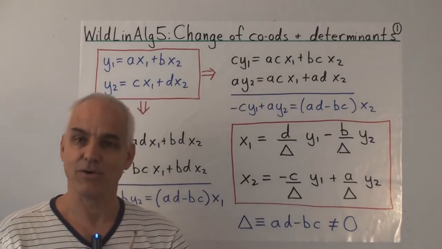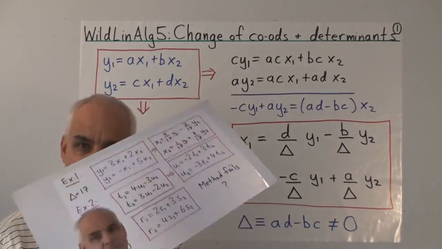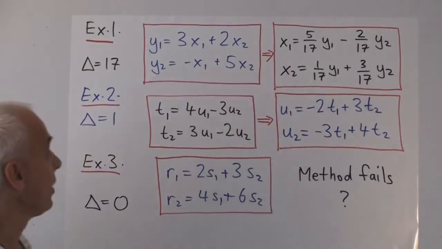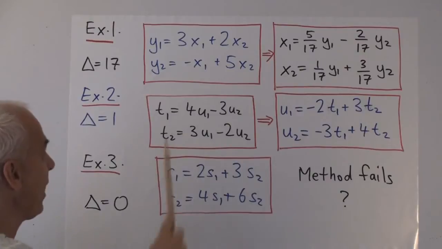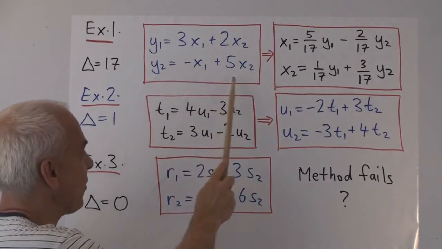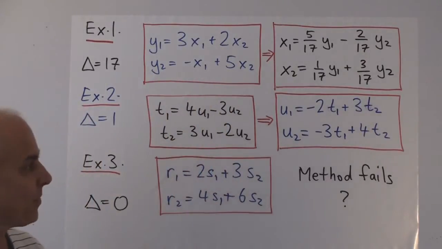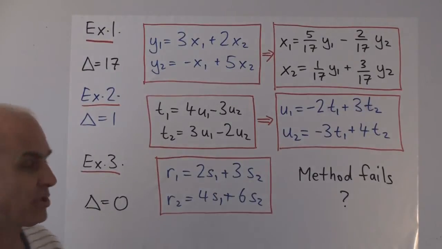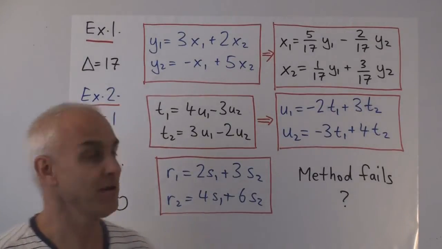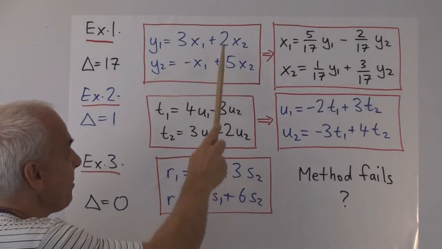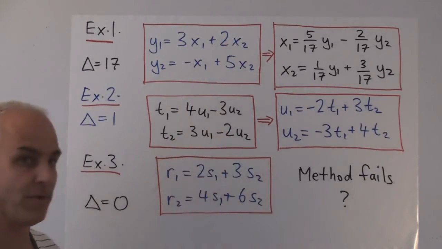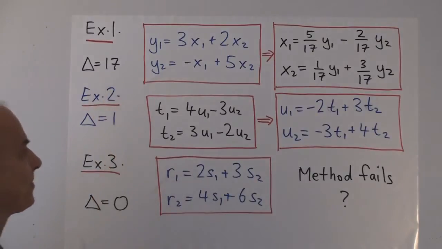Let's have a look at how it looks in some applications. In our first example, we have y1 equals 3x1 plus 2x2, and y2 equals minus x1 plus 5x2. The first thing that we do is we calculate the delta constant, which is 3 times 5 minus 2 times minus 2. That's 17.